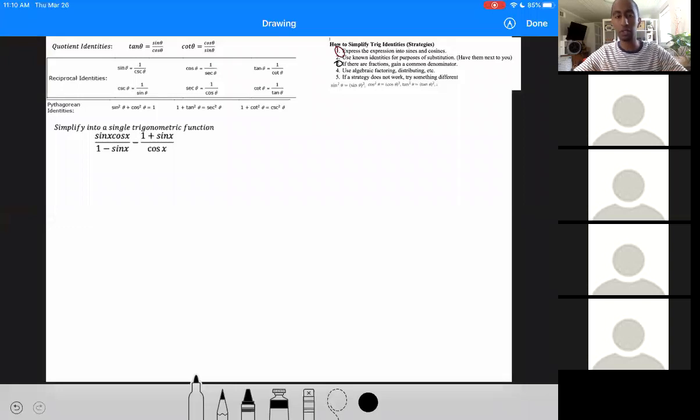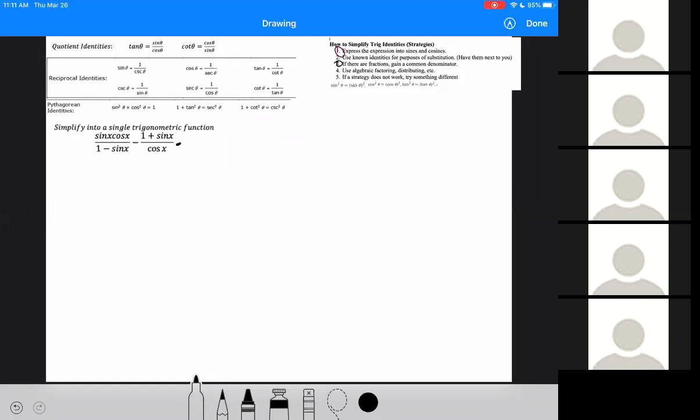So they both will need a common denominator. So what would we need to multiply the one on the right side by to get a common denominator?